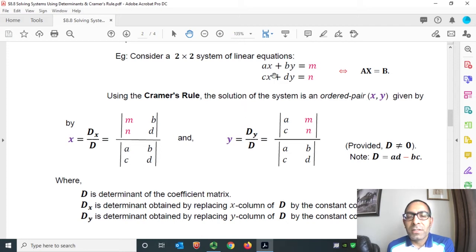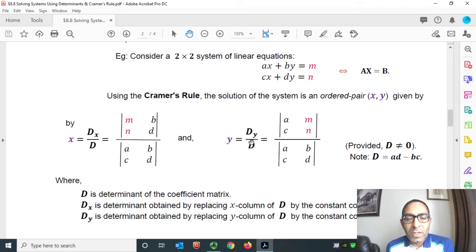And in the numerator, Dx is the determinant obtained by replacing the x column of the determinant D by the constant column. So we are replacing the coefficients of x, which are a and c, by m and n respectively. So here we replace a and c by m and n.